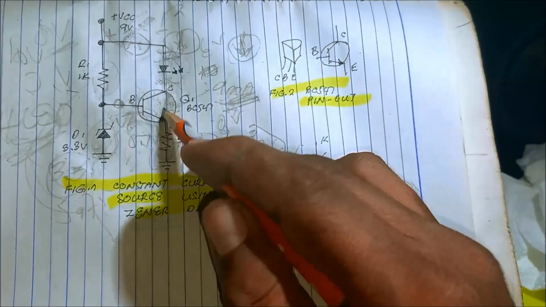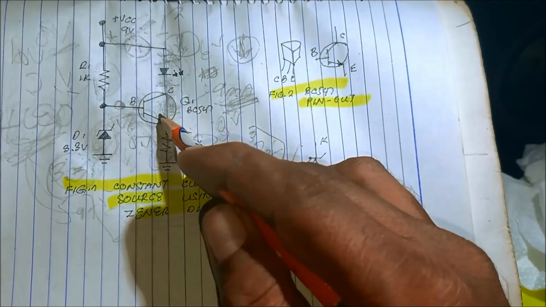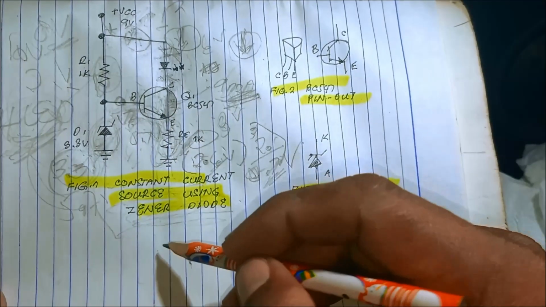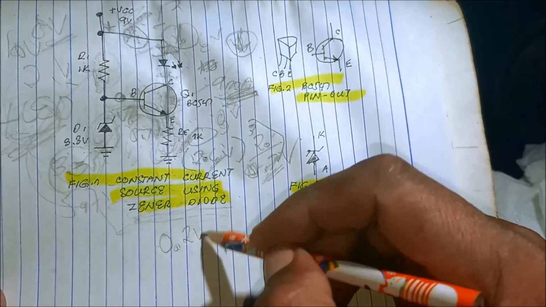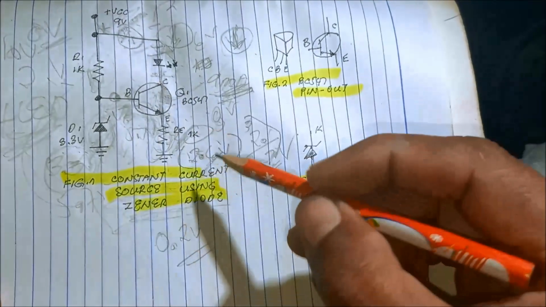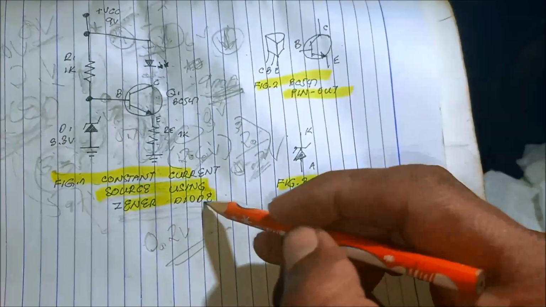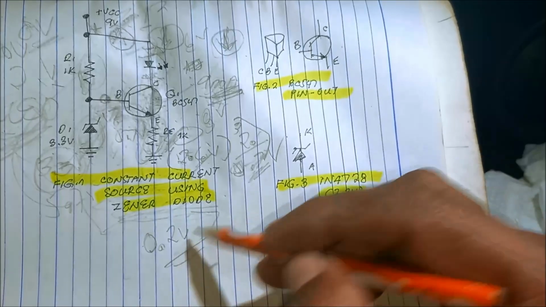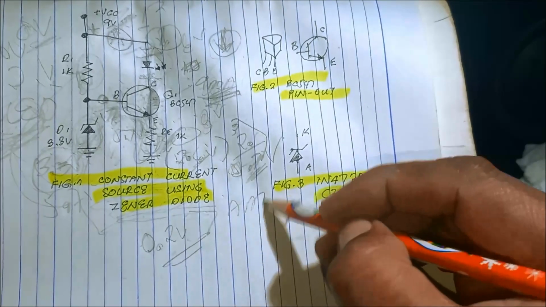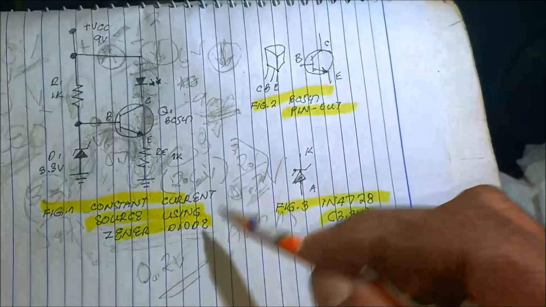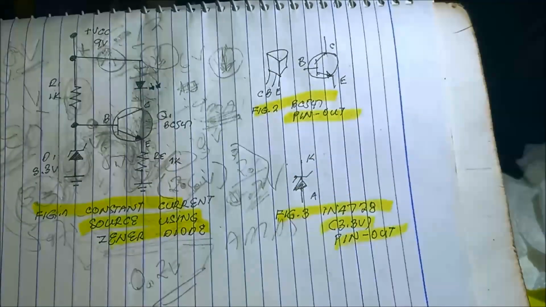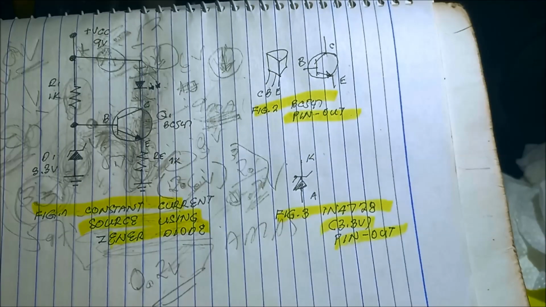In order for this to function as a switch, you need at least 0.2 volts. That would make the transistor serve as a switch, while greater than 0.2 volts serves as an amplifier. So that is the constant current source using a Zener diode.